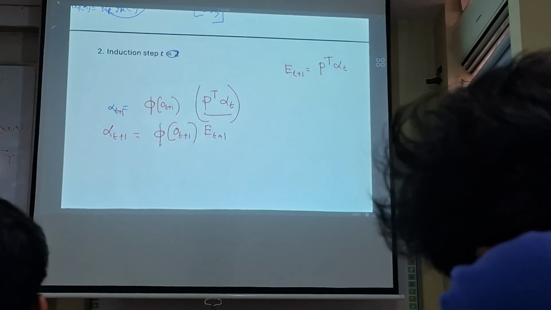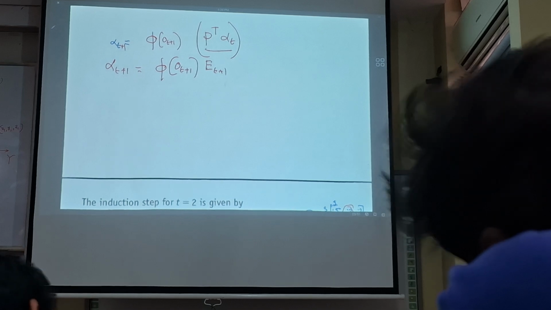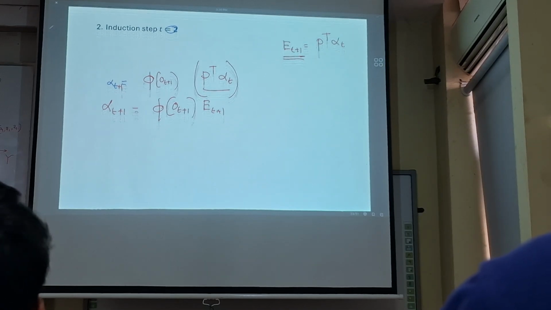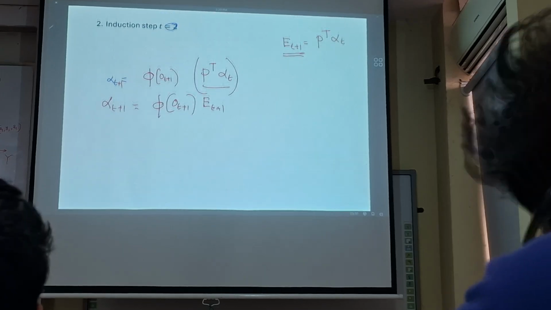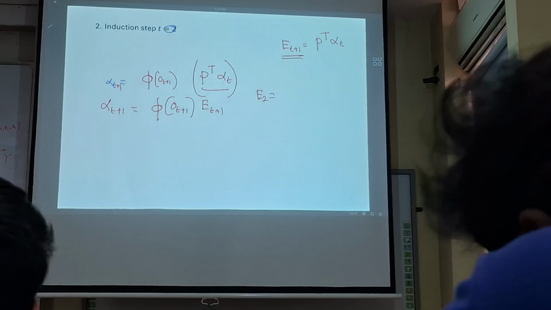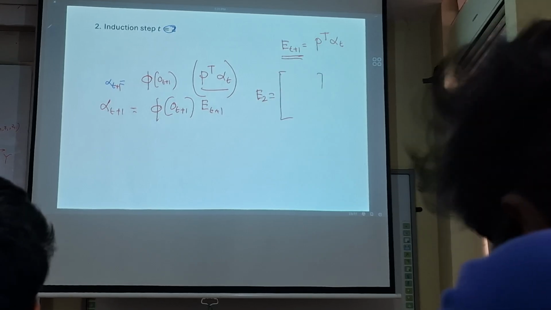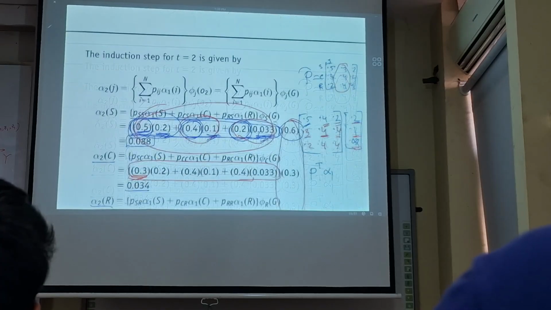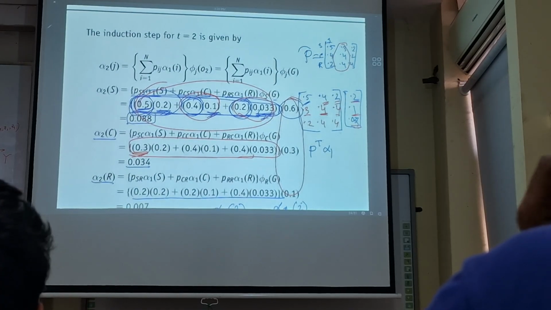And if we do that, let's jump into alpha 2. Then let's calculate this one, E2. Okay. Let's calculate E2. E2 will be what? This transpose. What is the transpose? Well, the transpose is here, right? We already have this one.